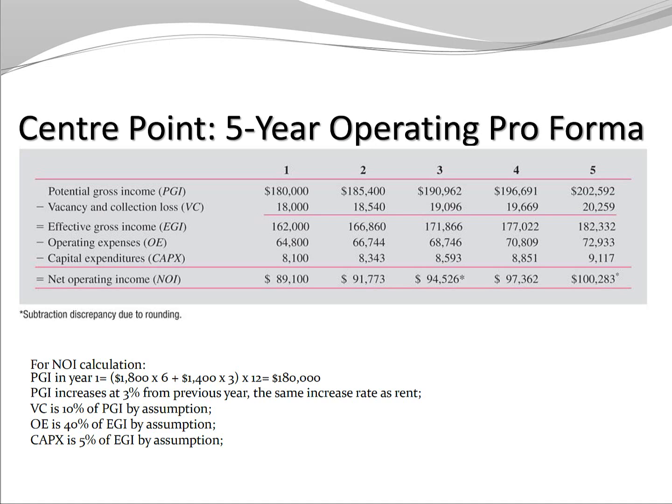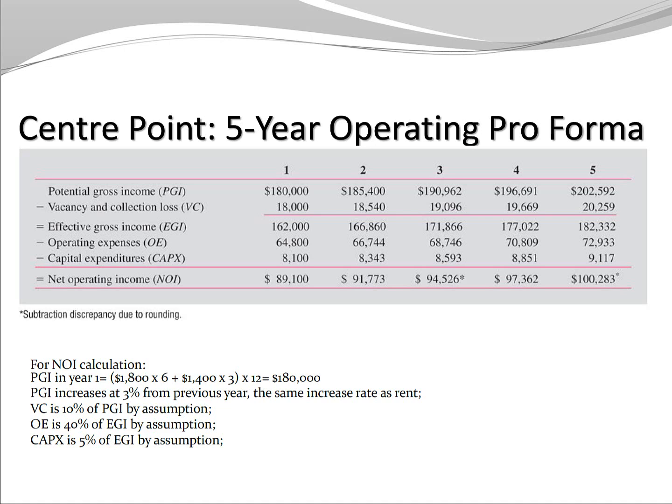First, let's calculate the net operating income cash flow from operations for this property from year 1 to year 5. We have done the calculation for NOI in the previous chapter using the same example. Now let's look at how we get this number again. The potential gross income is income assuming 100% occupancy rate.